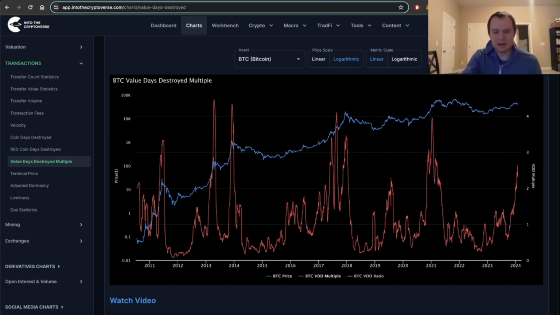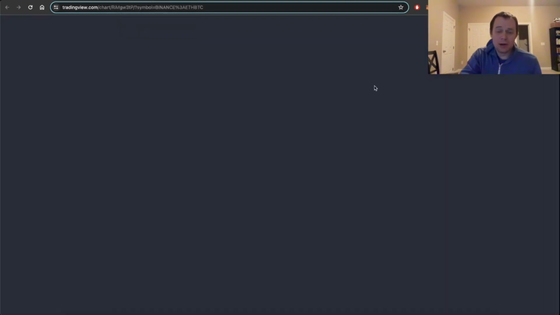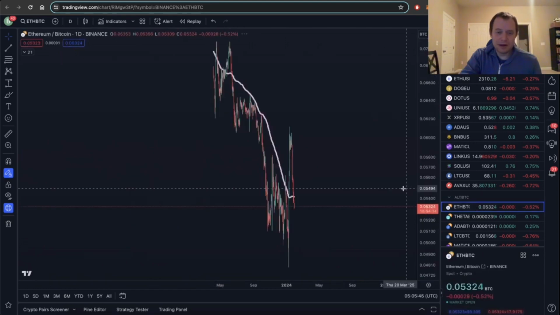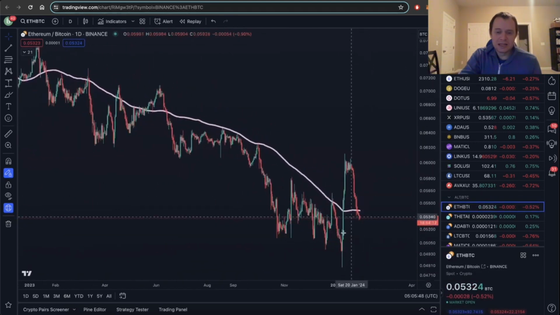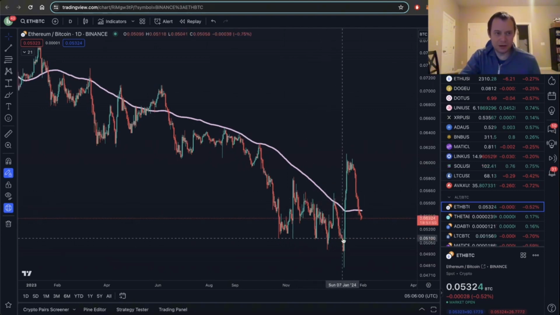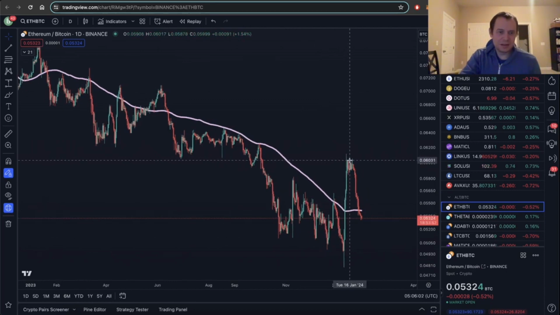We had this rally into the spot ETF and, chasing the narrative, right? And then what happened directly after the spot ETF? Well, what happened is everyone started chasing the Ether Bitcoin pair, right? Everyone started chasing that. And it's given back a lot of those gains, but I will see what it does here in favor for potentially the spot ETH ETF, right? So one narrative chasing Bitcoin, then chasing the ETH ETF.